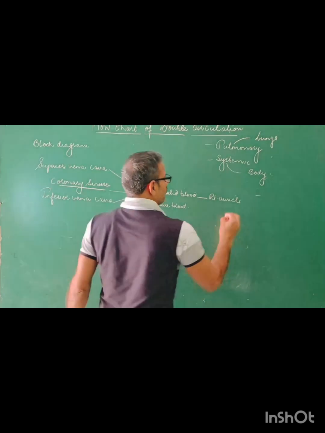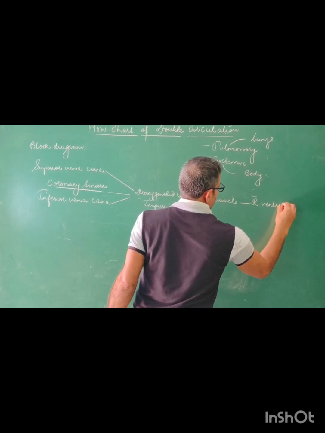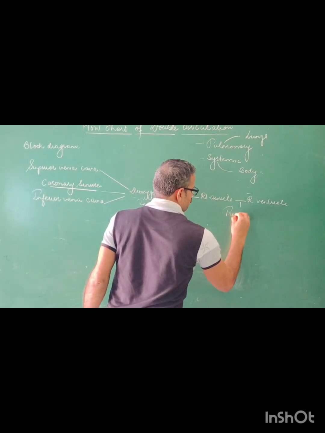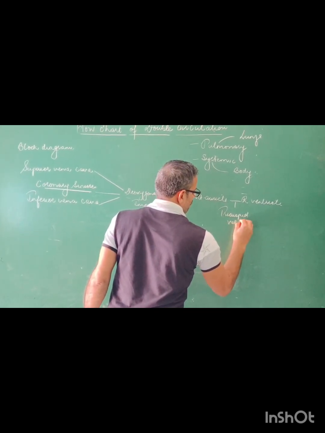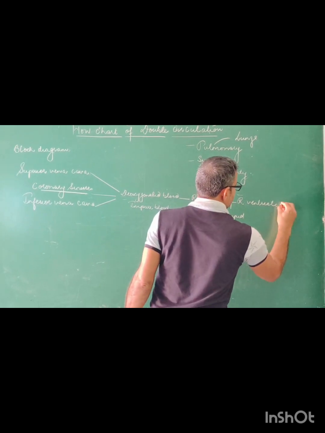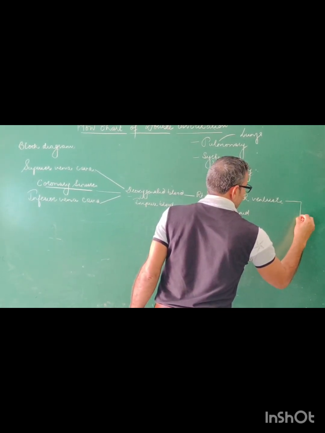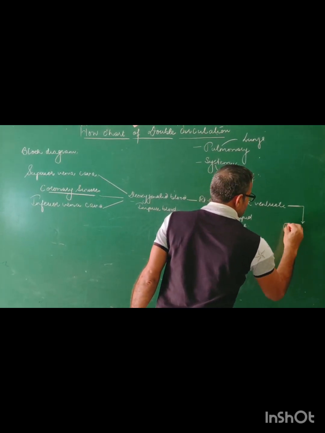From the right auricle, the blood goes to right ventricles. So there is a valve which is known as tricuspid valve. Then from the right ventricles, it passes through the pulmonary artery.